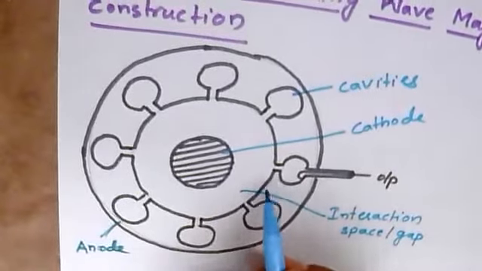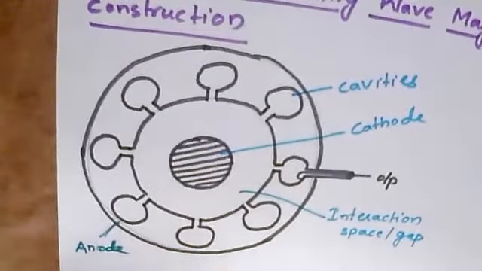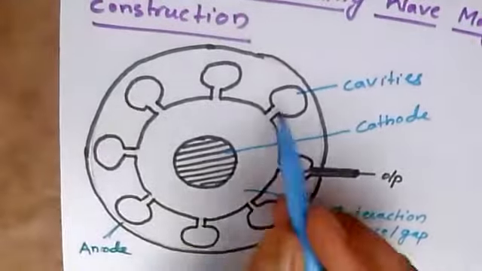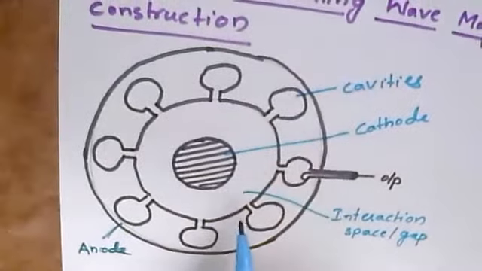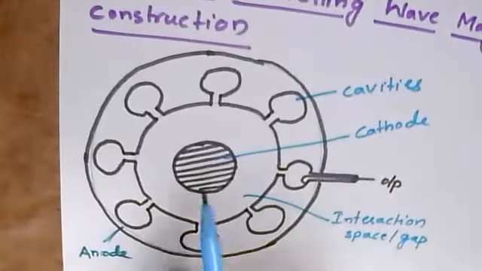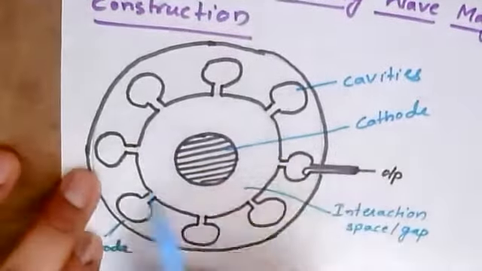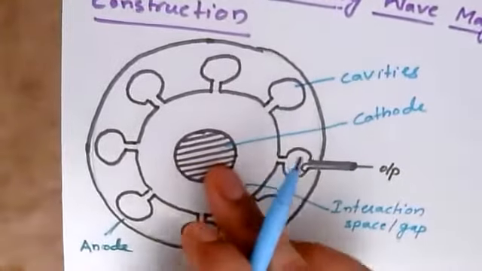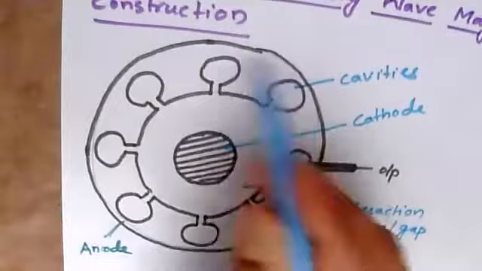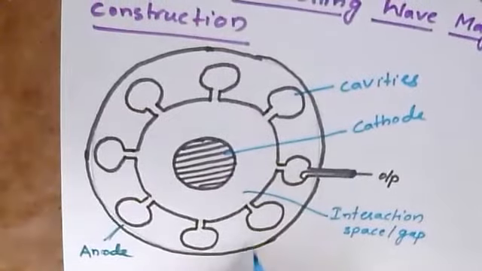So it is named traveling wave. And why are there 8? I will be giving the explanation regarding this. You can observe over here, this is the entire constructional figure of the magnetron.